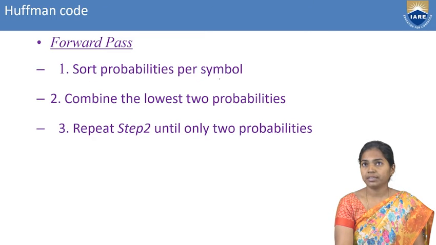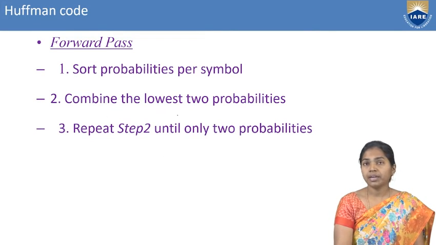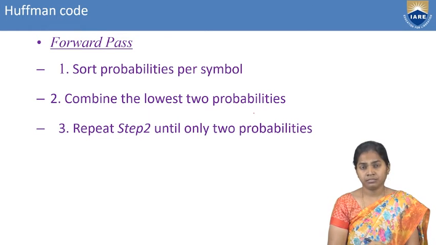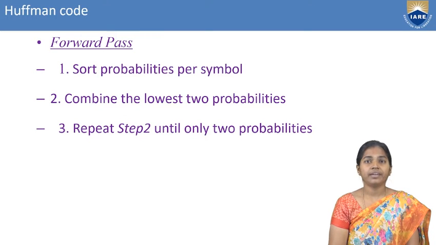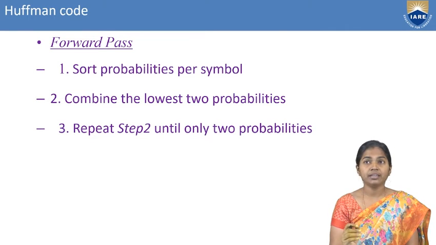Suppose one word is there; in that word, how many symbols are there, and how many times does each symbol occur? Find the probability of occurrence in that word. Write all the probability values in descending order and add the lowest two probability values. Repeat step 2 until only two probabilities remain.